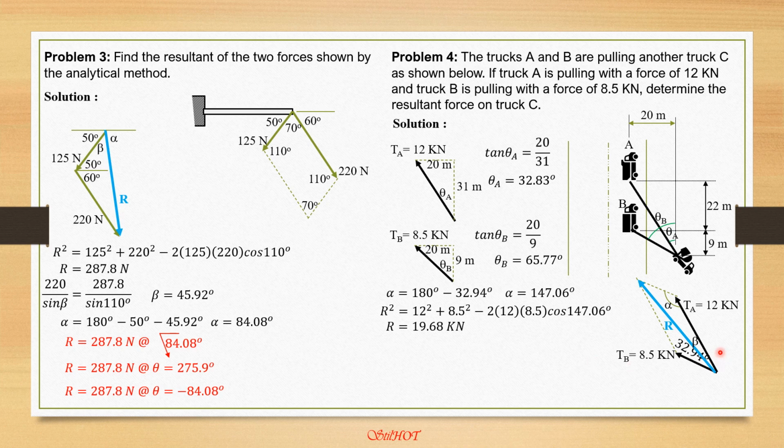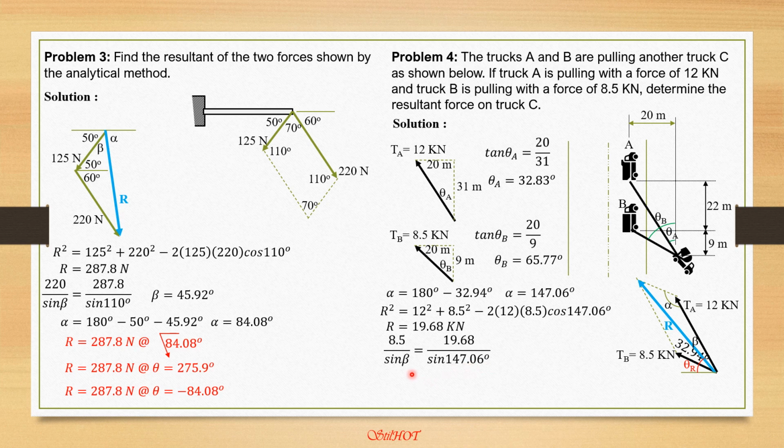Then for the direction, we need to compute this angle here. Let's call that angle beta, and we compute that by sine law. So opposite is 8.5, so 8.5 over sine beta equals R, 19.68, over sine of alpha, which is 147.06.